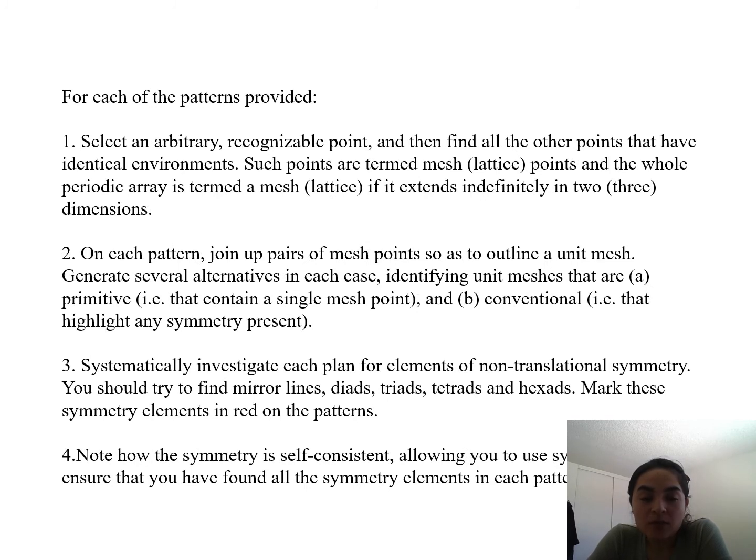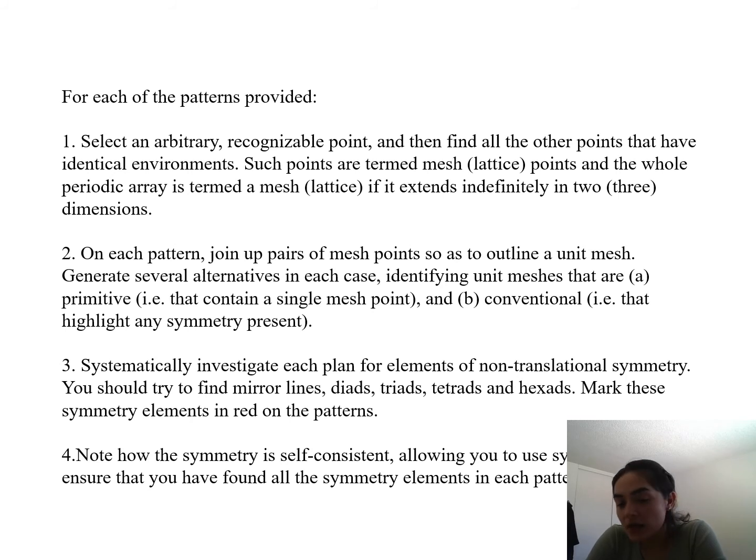For some of these, we're going to select an arbitrary, recognizable point, and we can identify that as our lattice point. Such points are termed mesh or lattice points, and a whole periodic array of them is termed the mesh, or the lattice.